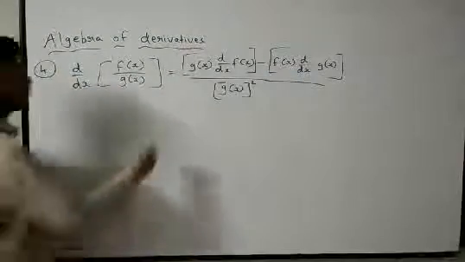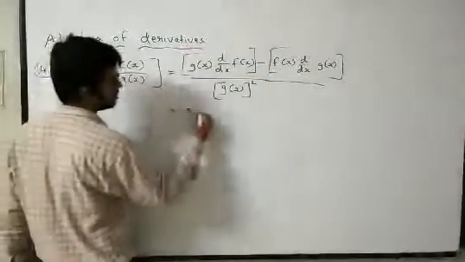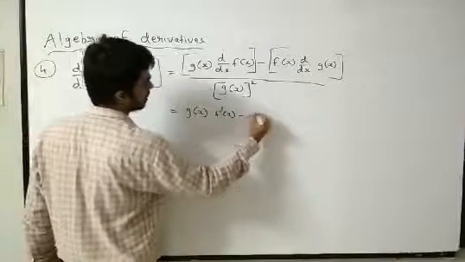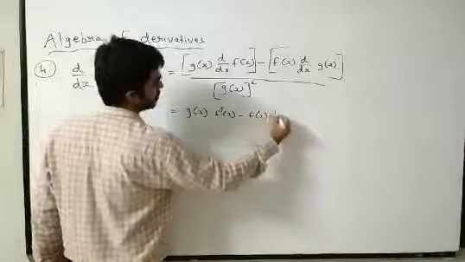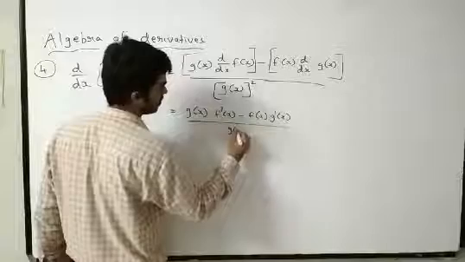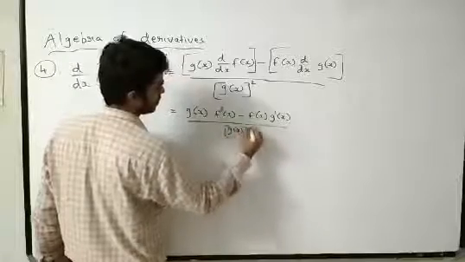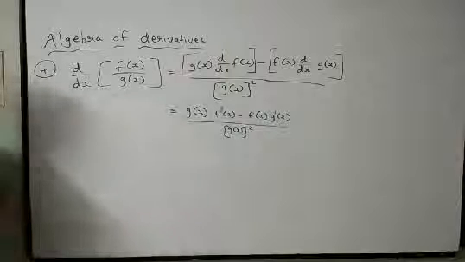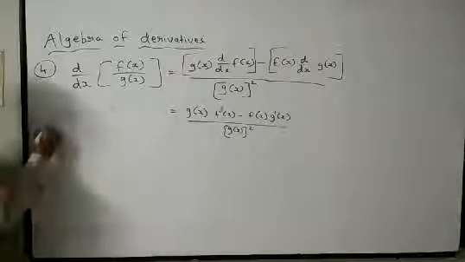This is nothing but g of x into f dash of x minus f of x into g dash of x, where f dash of x is the derivative of f of x. Right?